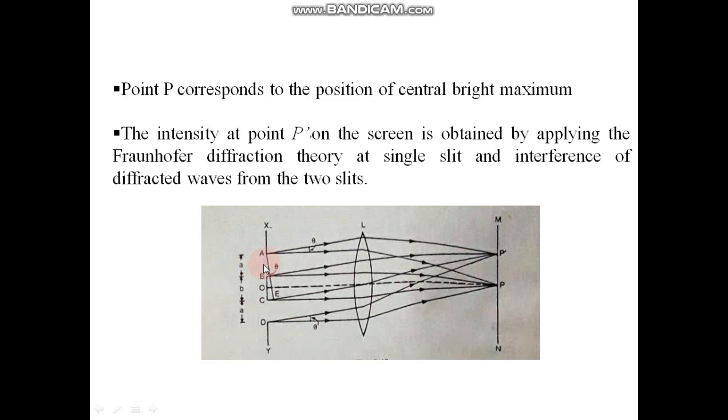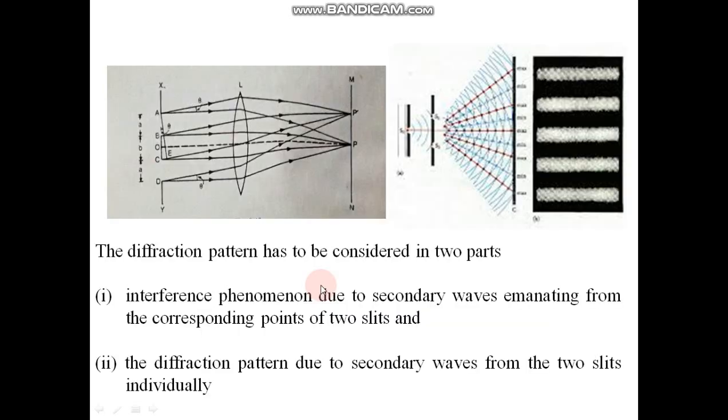At the same time, the secondary waves from these two slits individually reinforce one another to form a diffraction pattern also. So, the diffraction pattern has to be considered in two parts.